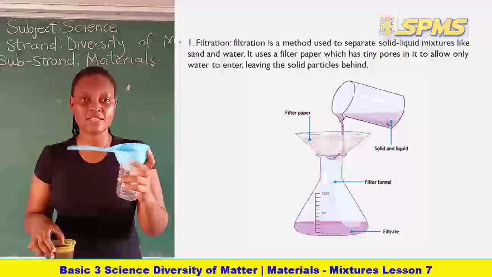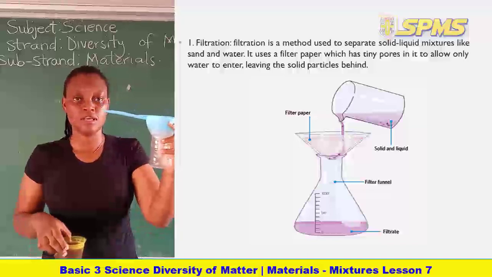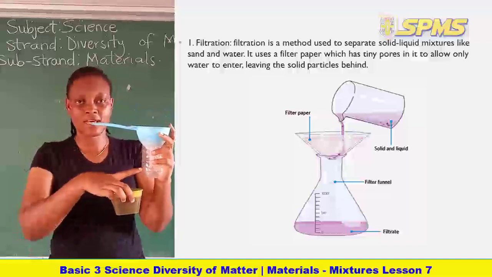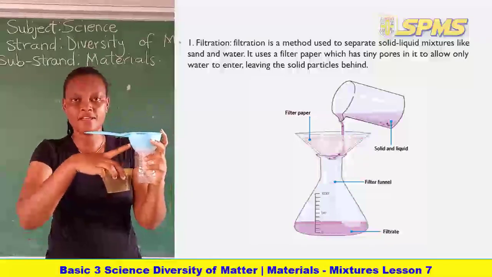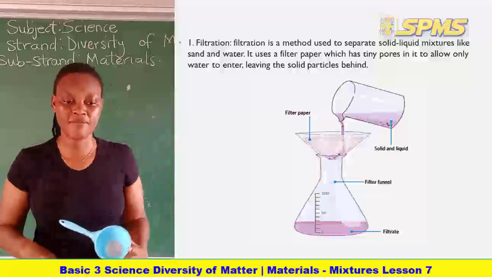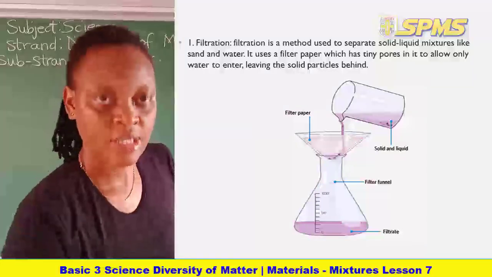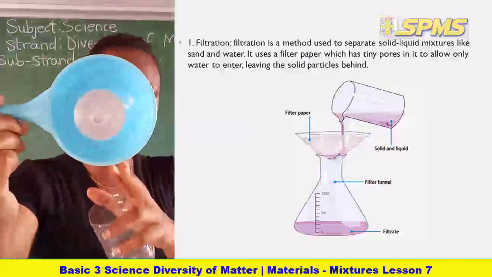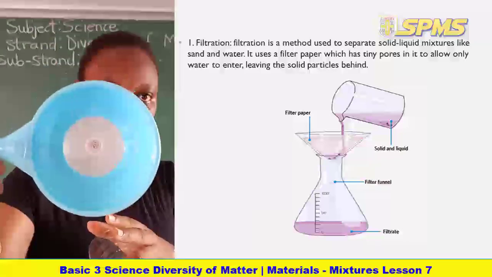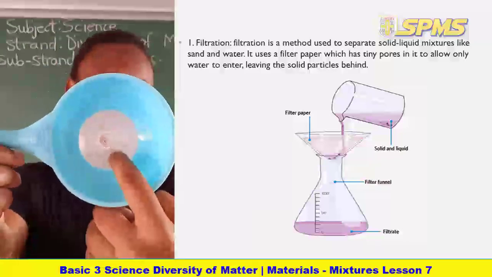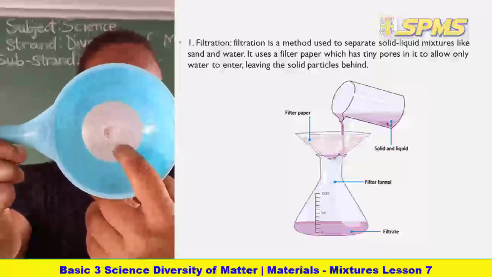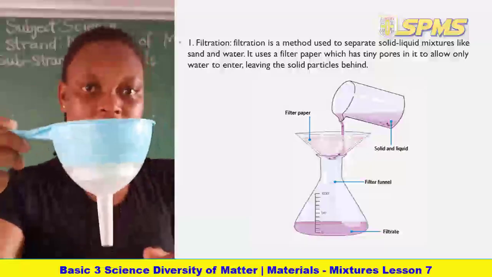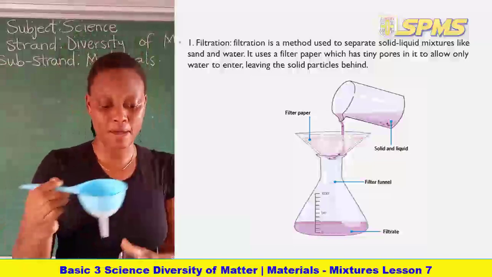So I have my setup with me. I have my cup, my funnel, with my filter paper inside the funnel. I hope you can see it clearly. That's the funnel, the filter paper inside the funnel with my cup.